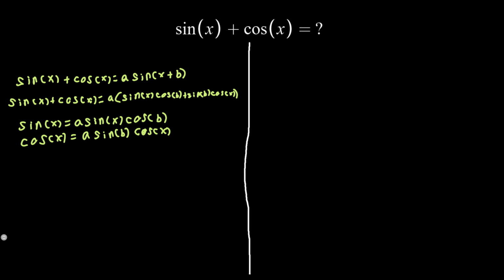With this in mind, we can cancel out the cosine of x in the second equation and sine of x in the first equation, which leaves us with 1 is equal to a cosine of b, and 1 is equal to a sine of b.